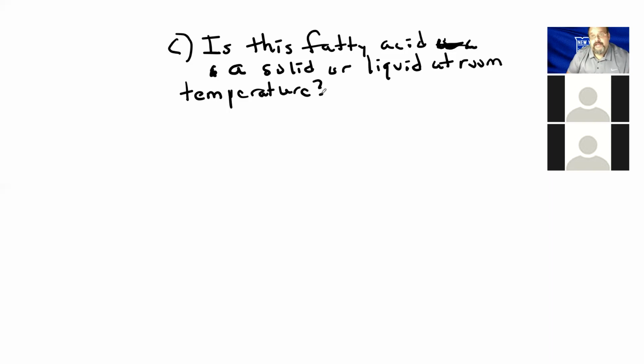The general idea is that your saturated fatty acids tend to be solids at room temperature, where your unsaturated fatty acids tend to be liquids at room temperature. And because we're dealing with a polyunsaturated fatty acid here, we would expect this fatty acid to be a liquid at room temperature. So if you can look at the structure of a fatty acid and be able to answer these types of questions, this is sort of an expectation that we would have for you to be able to do.